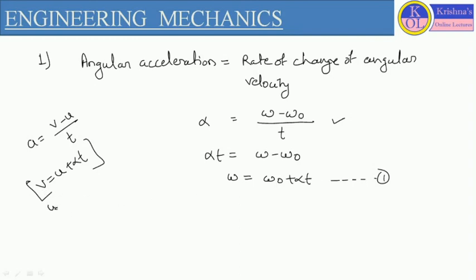In place of v, we are considering final angular velocity, in place of u, we are considering initial angular velocity, and in place of a t, we are considering alpha t. So this relation v equals u plus a t is similar to omega equals omega naught plus alpha t. This is our first equation of circular motion.